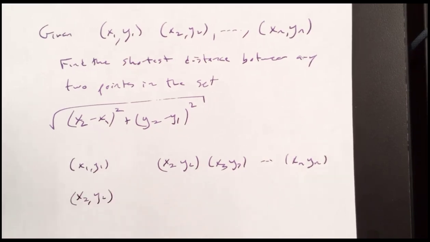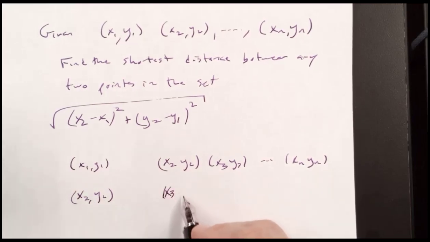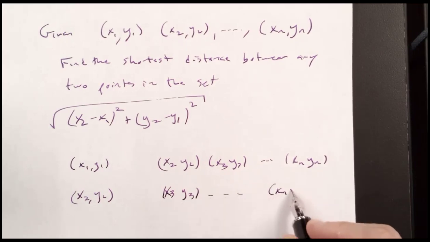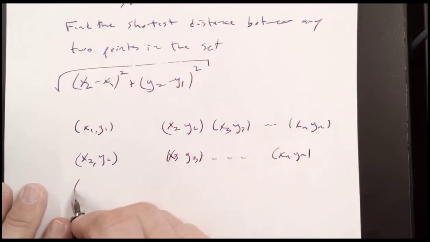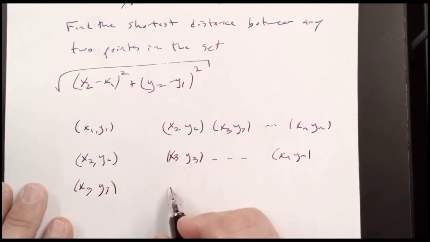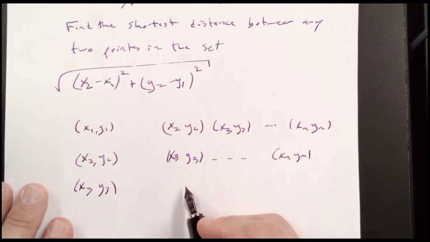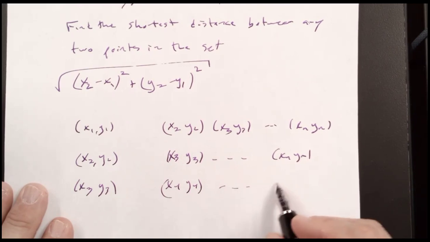What do I need to compare that with? Colin? Why don't I have to compare it to x1, y1? Because I already did right there. So I can start here with x3, y3 until I get to xn, yn. Wait a minute. When I do x3, y3, I compare it with everything up, right?